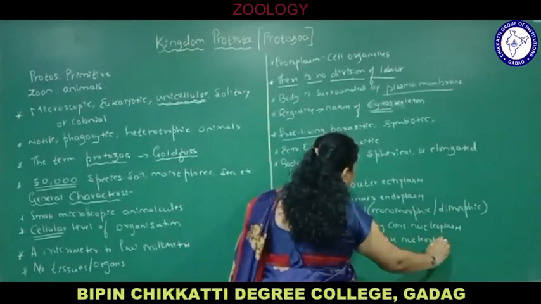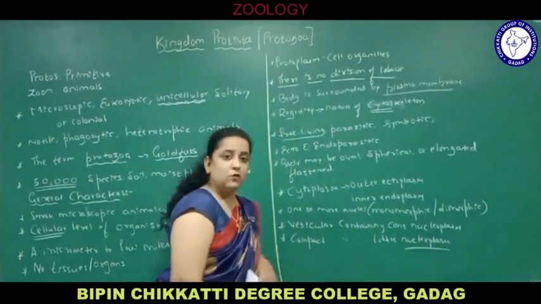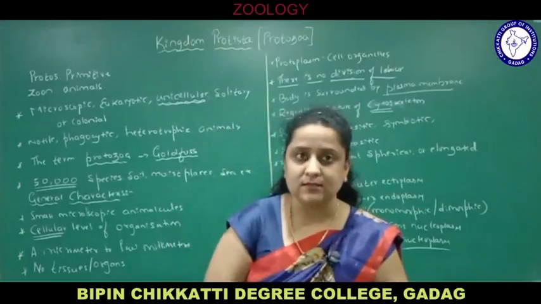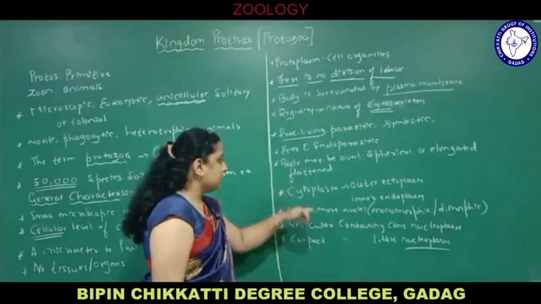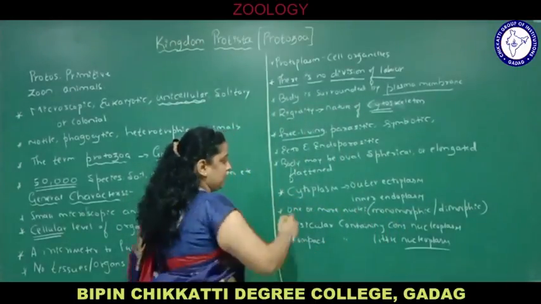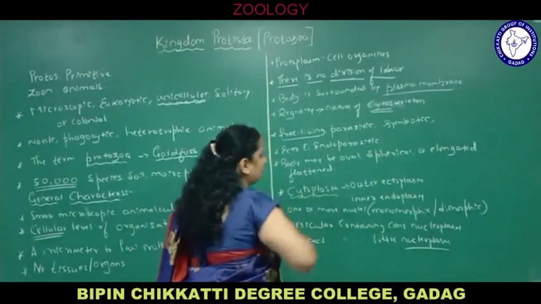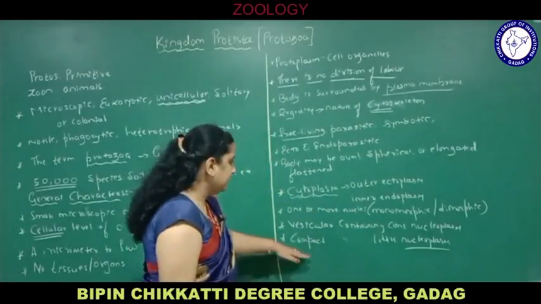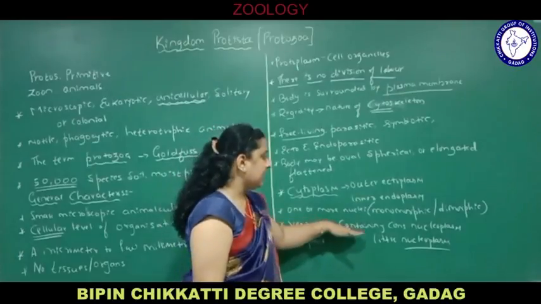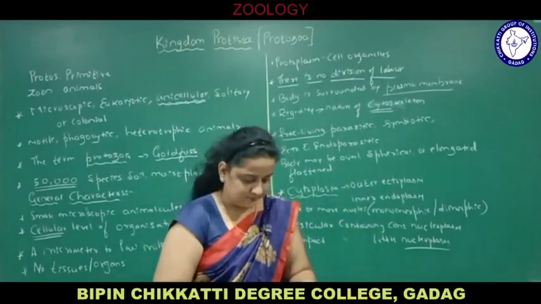Now, what is this nucleoplasm? Cytoplasm of the nucleus is called nucleoplasm. So in compact there is little nucleoplasm, while in vesicular it contains a high amount of nucleoplasm.